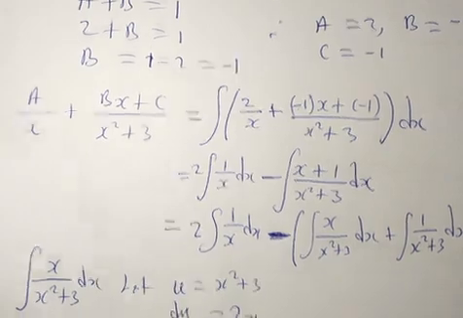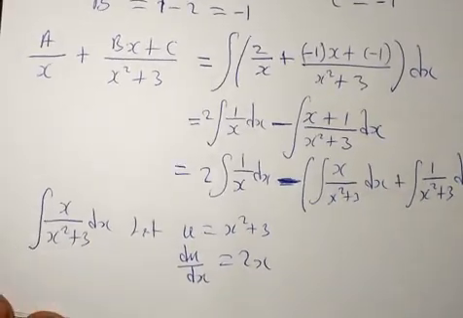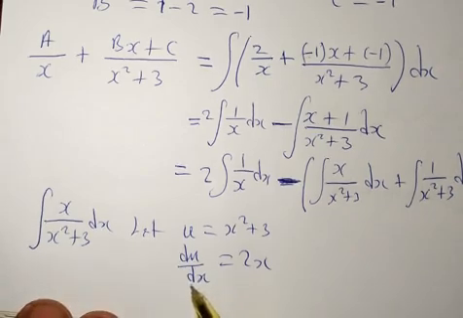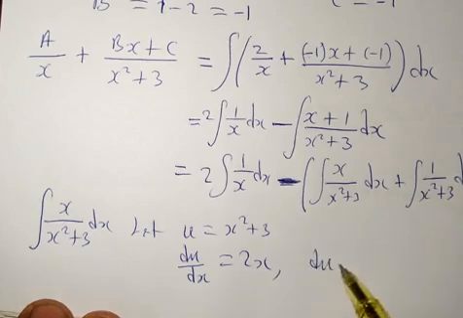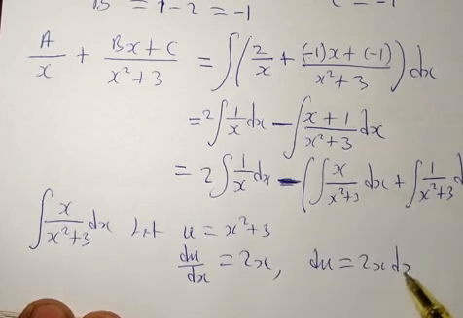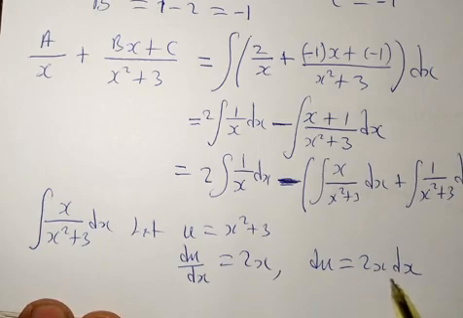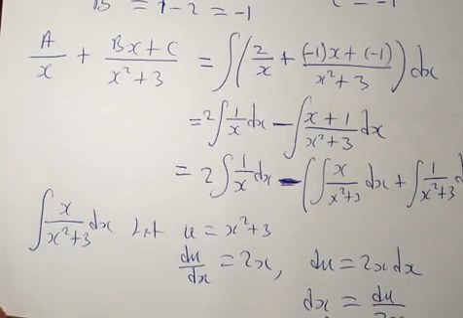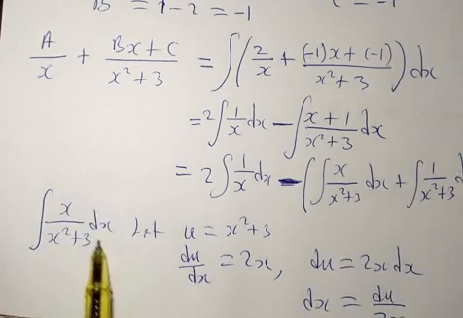So since du over dx is equal to 2x, let's make dx the subject of formula here. We'll cross multiply first, so that we have du is equal to 2x dx. So by the time you divide both sides by 2x, you have dx to be equal to du all over 2x.